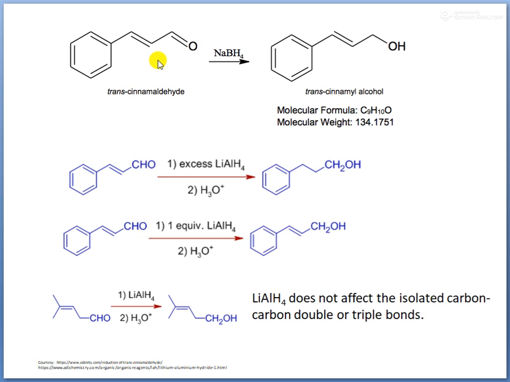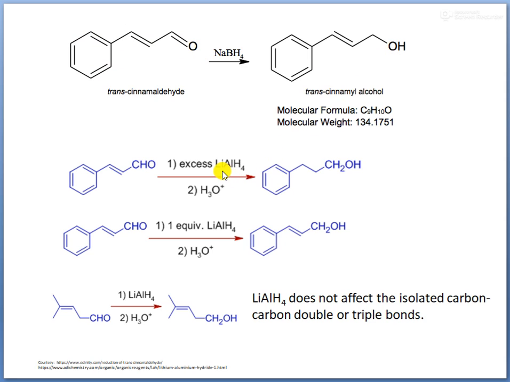Another important application of this metal hydride reduction is the conversion of cinnamaldehyde to cinnamyl alcohol. This is the structure of cinnamaldehyde. It has a carbonyl group and a C=C attached to a phenyl ring. If you are using sodium borohydride, it will only reduce the carbonyl part to the OH.